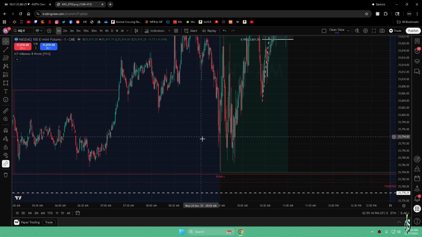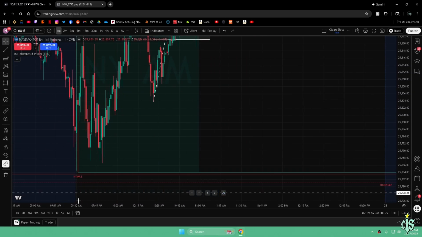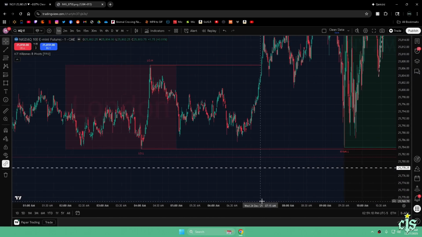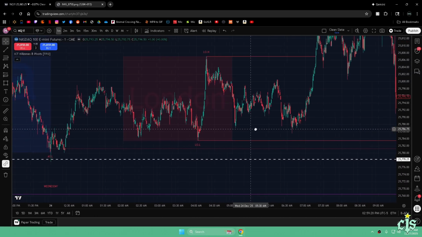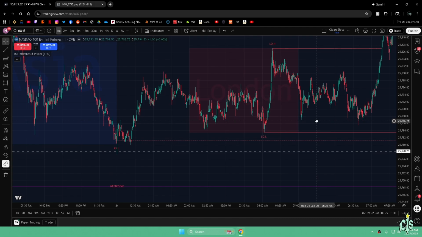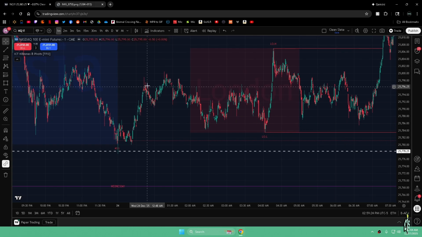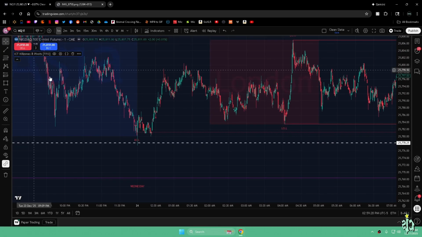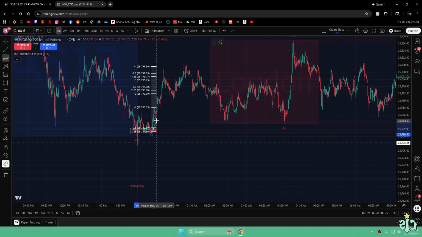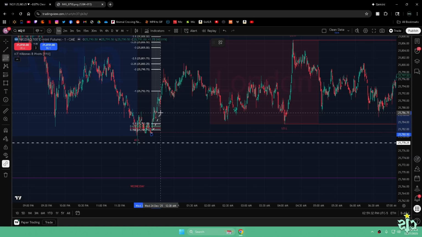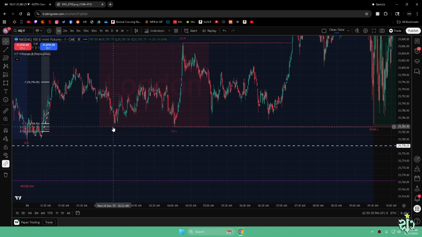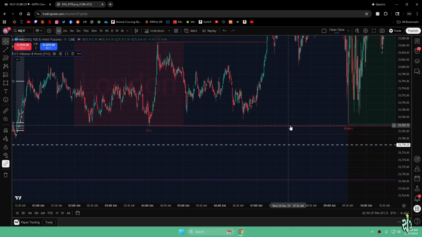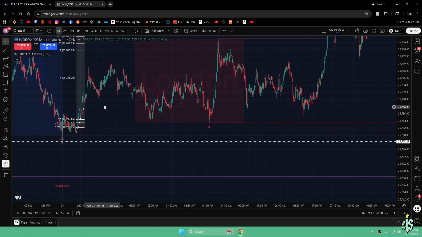But you also got to remember 9:30 is our manipulation, right? You could also have taken this range, I believe, and you could have entered off this wick from this low to around this high. You got an entry here, or a re-entry here somewhere.